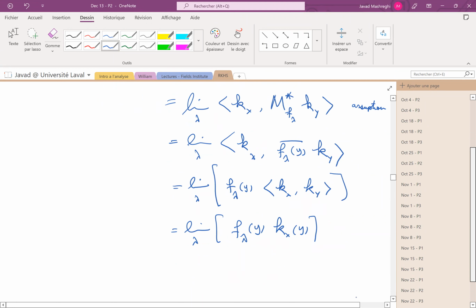So as we see, if kx is not equal to 0, this also implies that the lim over lambda f lambda y exists.